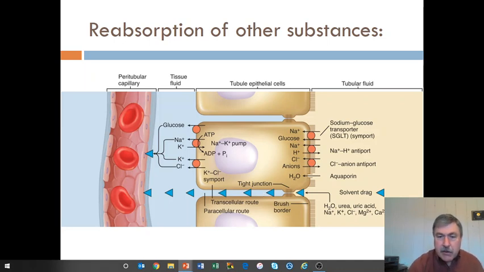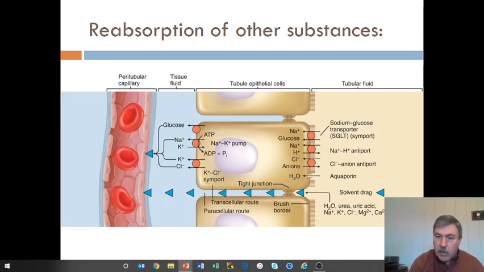through that paracellular route. So this process by which electrolytes, as well as urea and uric acid, get reabsorbed by the paracellular route is called solvent drag. So in other words, the water molecules are just dragging those substances across the walls of the proximal convoluted tubule.